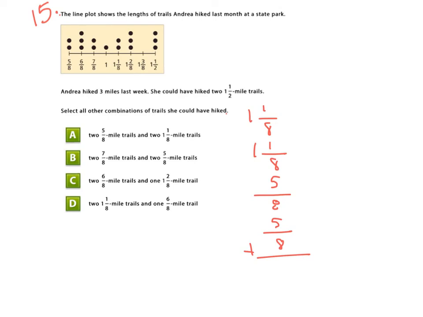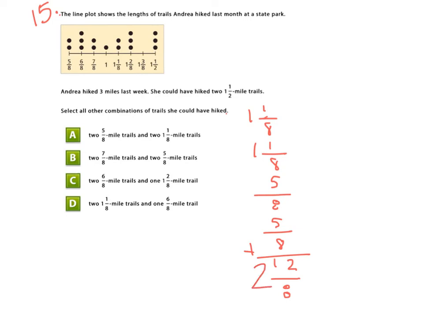We're going to add the numerators. 1 plus 1 plus 5 plus 5, which would give us 12 over 8. Now adding our whole numbers, 1 plus 1 will give us 2.